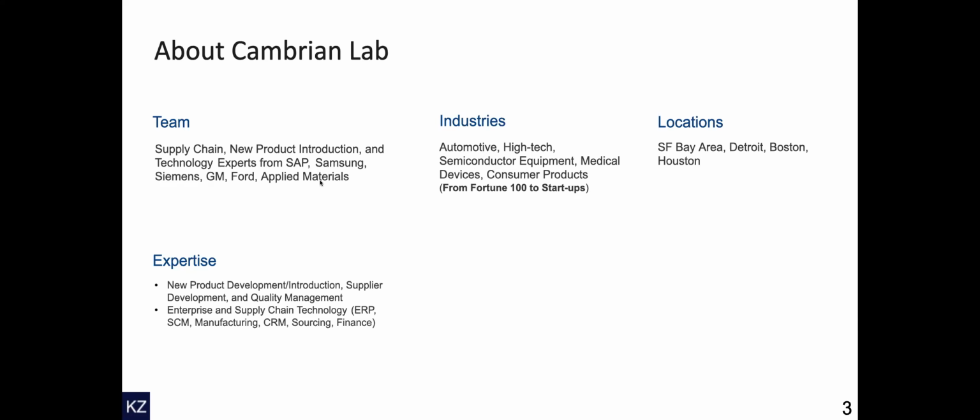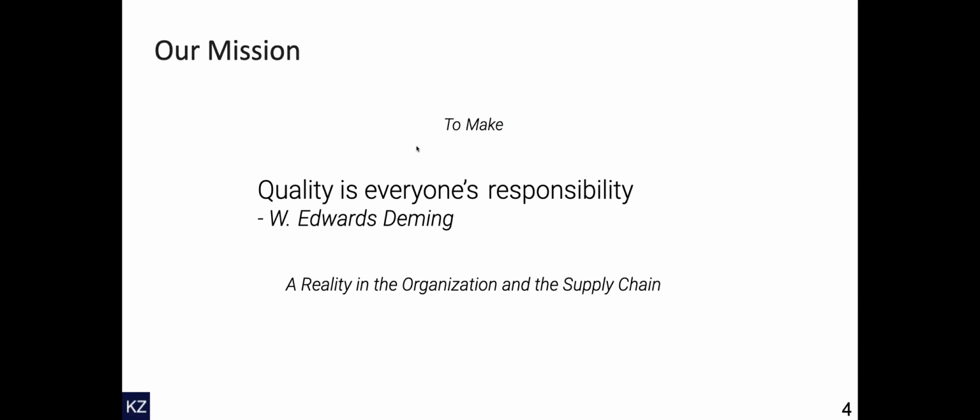Most of us come from the industry and also have significant technology experience. Those two aspects are what informed us and helped us develop the approaches that you're going to see today. And one of our goals with this initiative is to make quality is everyone's responsibility, the famous saying from Deming, a reality in the organization and also in the supply chain.